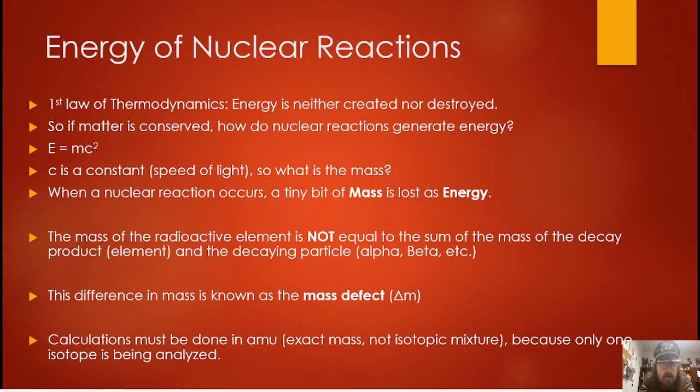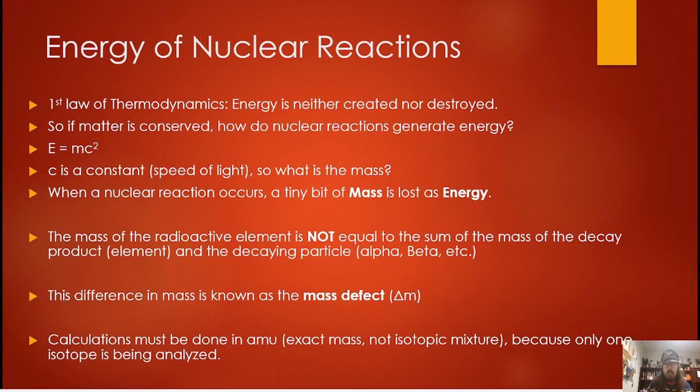And the idea here is that when nuclear reactions occur, there is a tiny fractional mass that is lost as energy. This fractional mass is often seen as the strong nuclear reaction. Essentially, the mass of the radioactive element is not equal to the sum of the masses of the decay products.